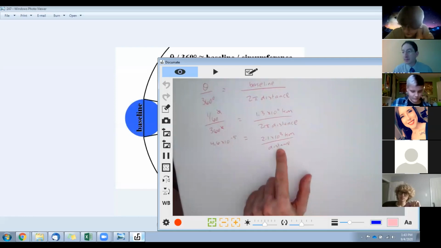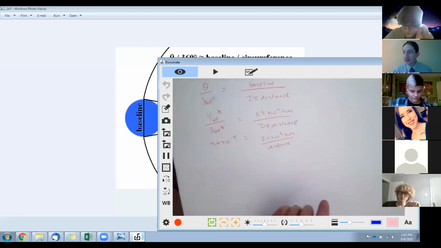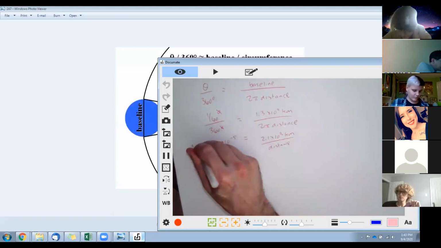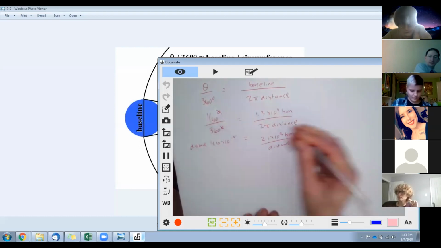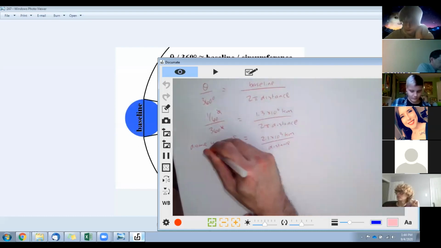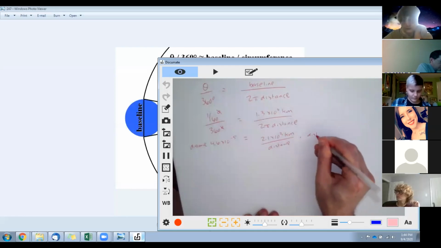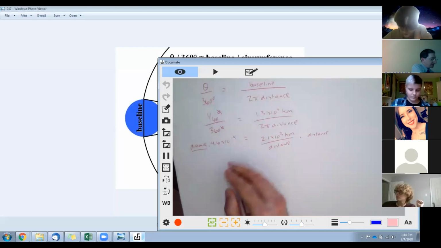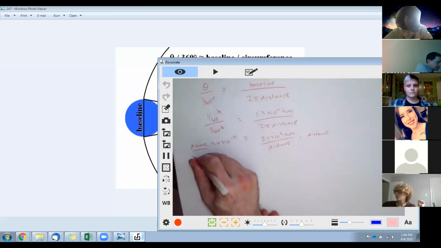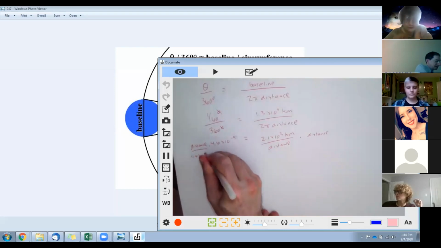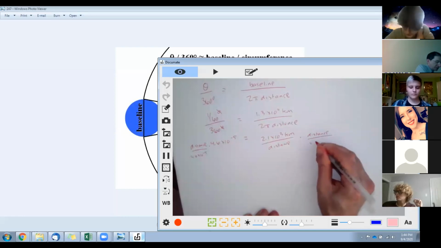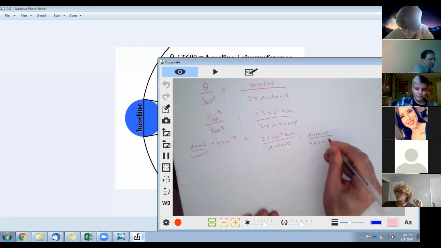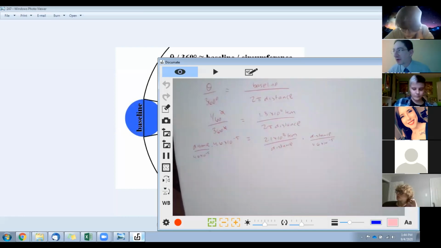And we have it in the denominator here. We want to get it in the numerator by itself. So let's multiply both sides by distance. And divide both sides by this number right here, 4.6 times 10 to the minus 5. This is just showing you how to solve an equation.